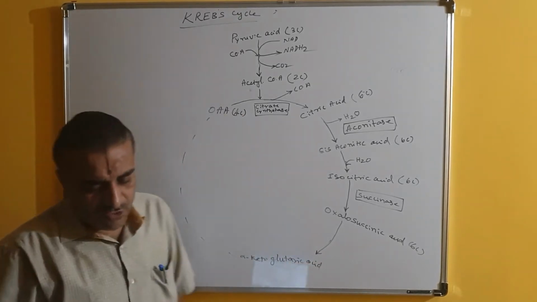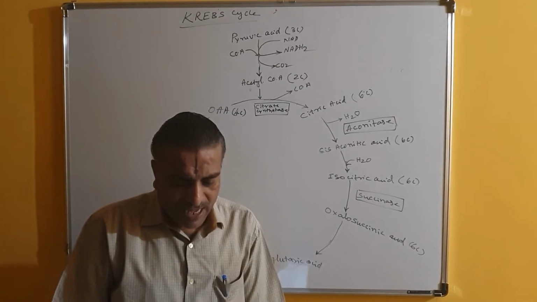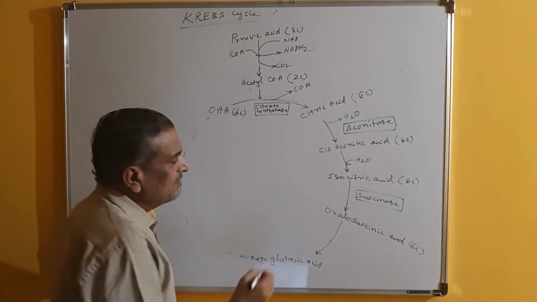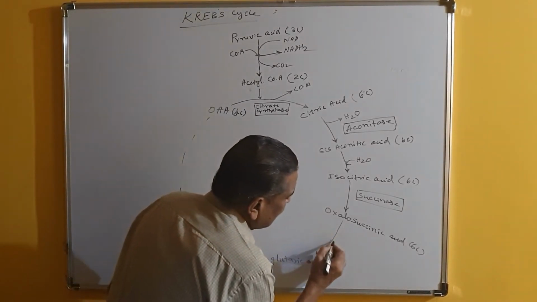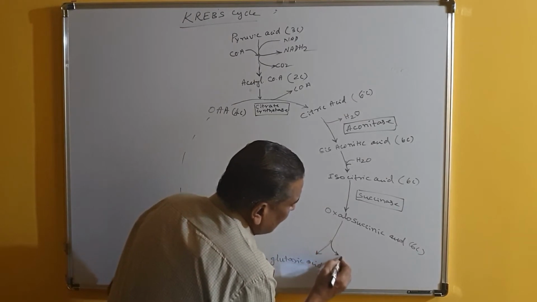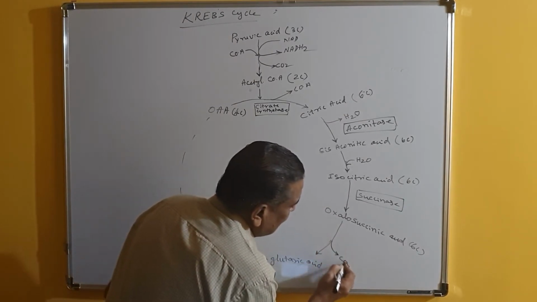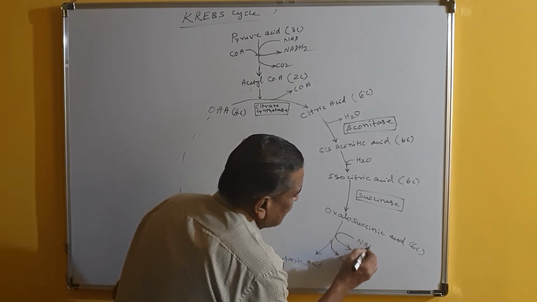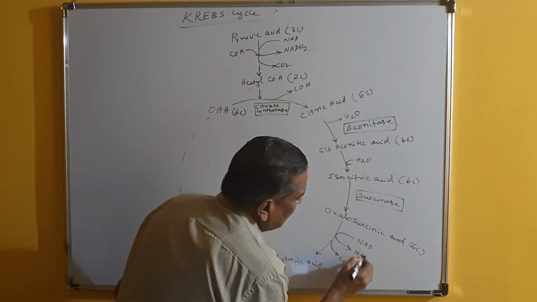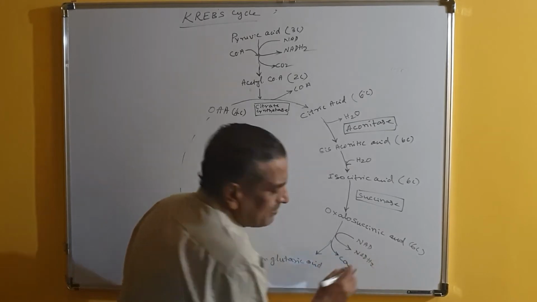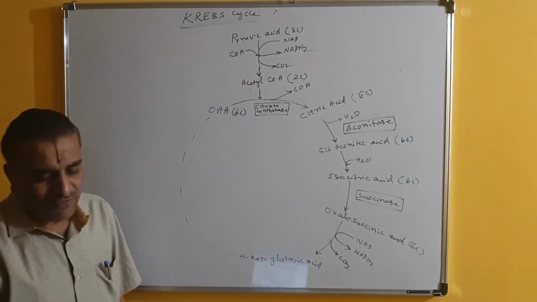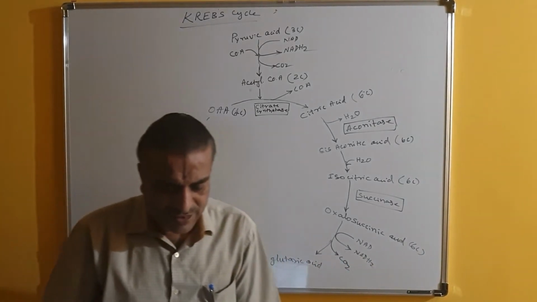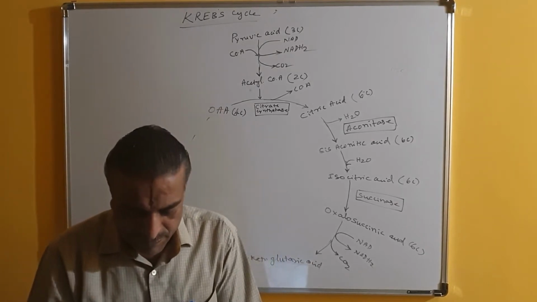Alpha ketoglutaric acid is produced here, but one important thing is happening. One molecule of carbon dioxide is liberated, please remember, and one molecule of NAD is taken, and one molecule of NADH2 is liberated.